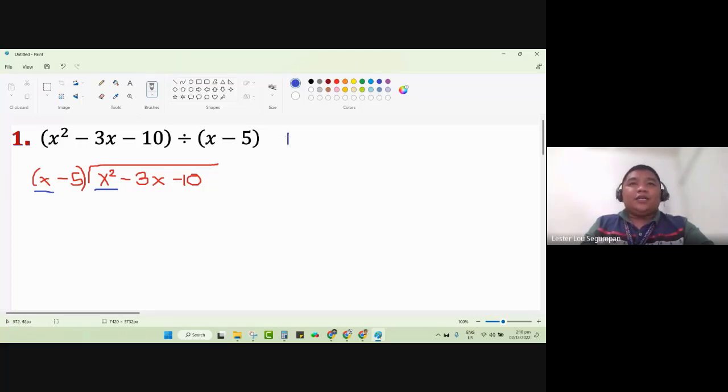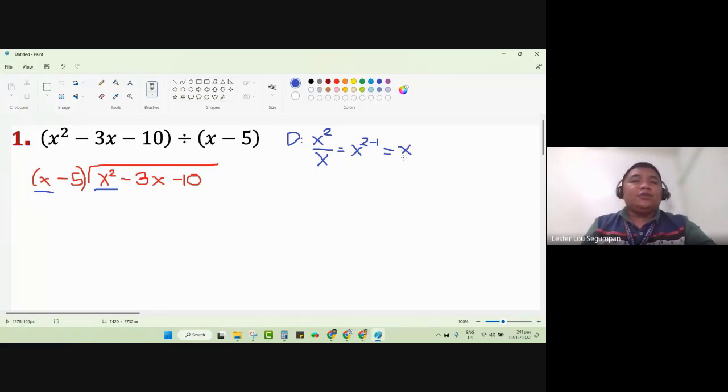Your first division is x squared over x. If you look at it as just one term versus one term, it's easier for us to solve for the quotient using the division law. You will have x to the power 2 minus 1, which will give you the first quotient, x.